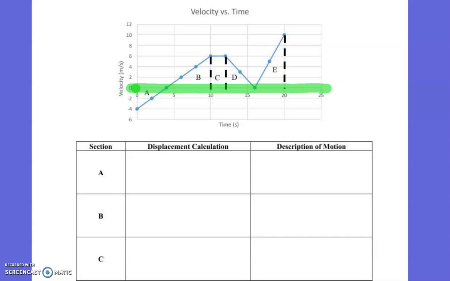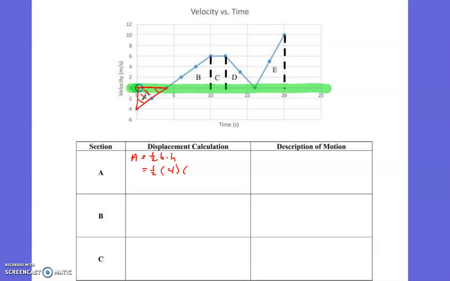Okay, welcome back. So in this section here, we're finding the area of part A. So we're going to find the area between that 0 line and the line of the graph itself. So we're going to find this area. This is a triangle, so the area is 1/2 the base times the height. The base goes from 0 to 4, so that is 4.